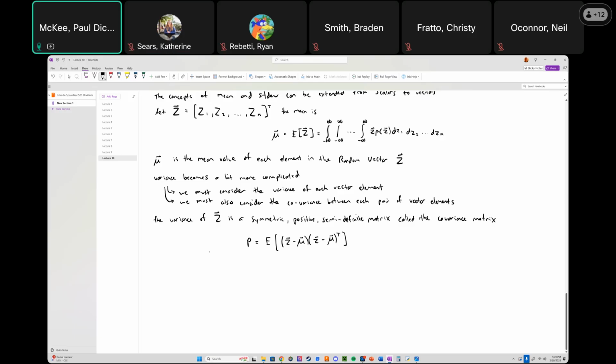They hit the nail on the head. What I think of as positive semi-definite is that if you did an eigen decomposition, it might have some zero eigenvalues, but it will never have a negative eigenvalue. Or you could think of it as the covariance matrix, in my mind, describes a shape in n-dimensional space.